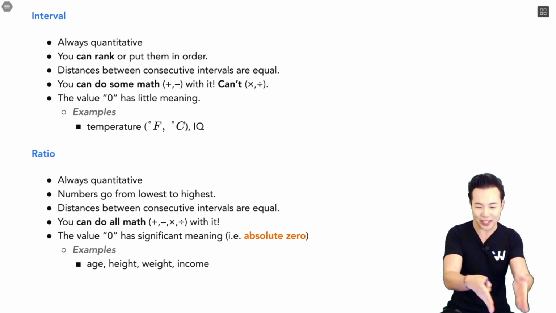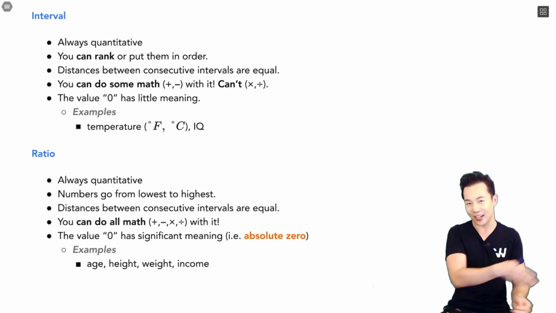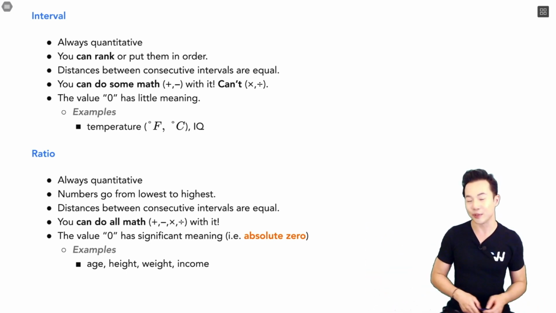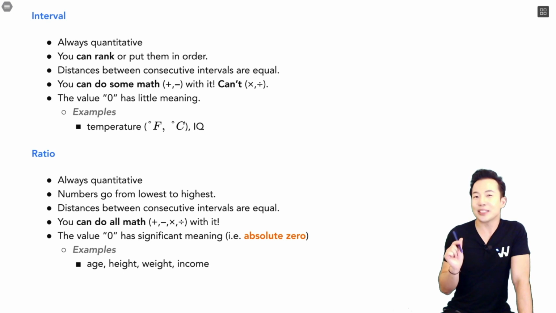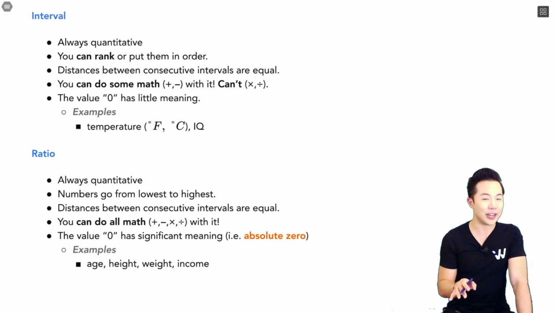Every inch is 1 inch, another inch, another inch. So 1, 2, 3, 4, 5, 6, 7, and so forth. That's interval. Equal distances between consecutive numbers. And like I said, you can do some math with it, specifically adding and subtracting. That's all you can do. You can't multiply, you can't divide.